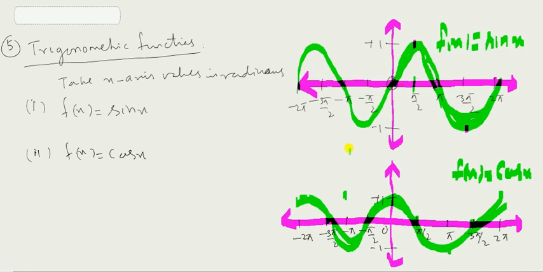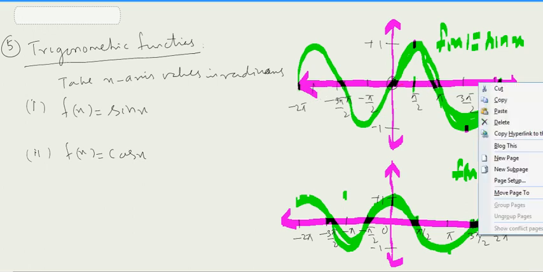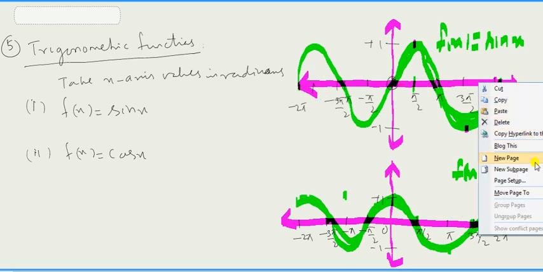Now similarly for tan x, let me plot the graph. So if I plot it for tan x, the graph will be looking like this. So this is the third subpart. It is f of x equals tan x.